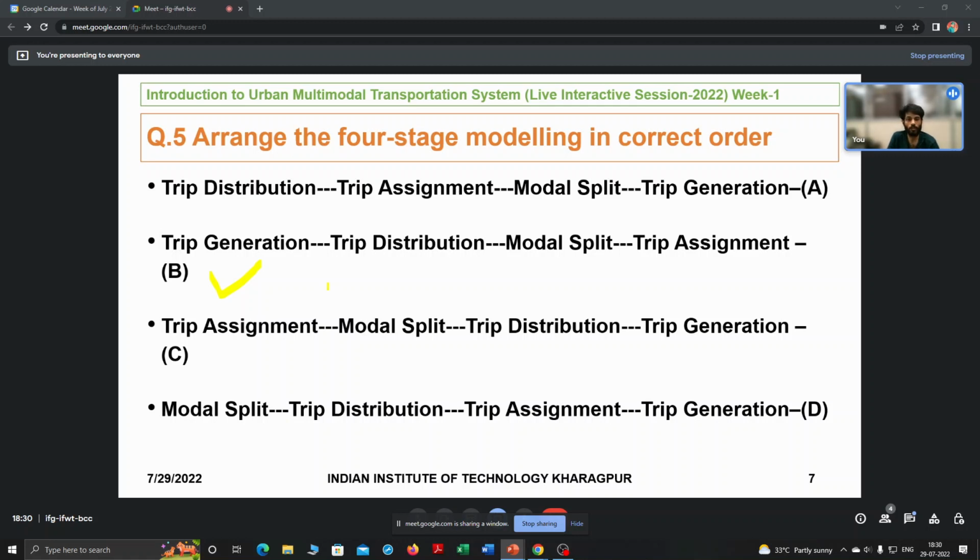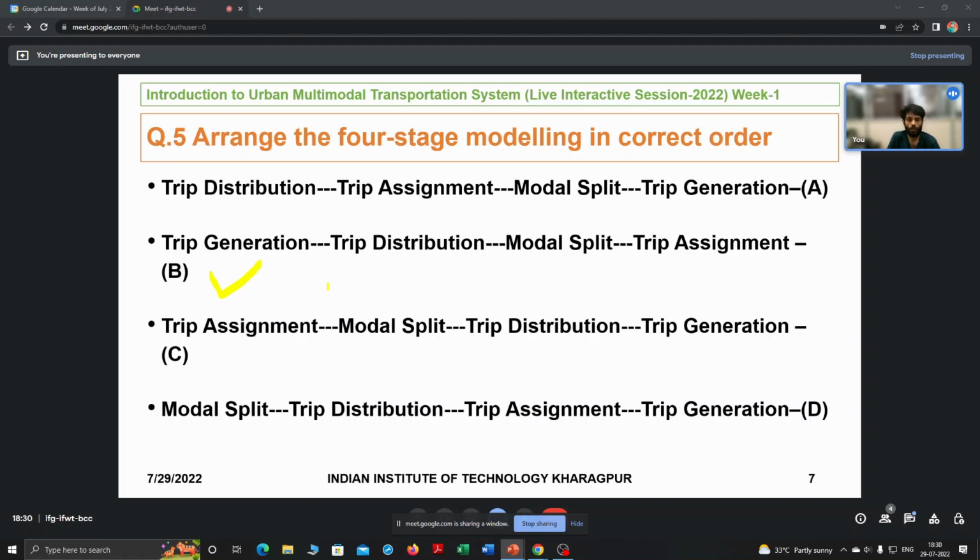Suppose cycles and auto rickshaws are available for a particular route, and maybe two-wheelers too. By comparing the utility values of these distinct modes, we can say which mode may be used in that particular direction, right?